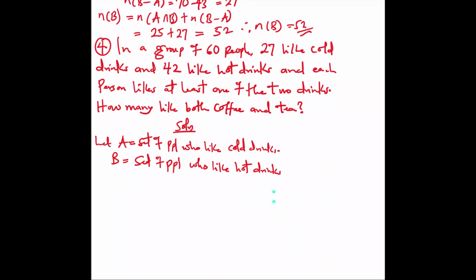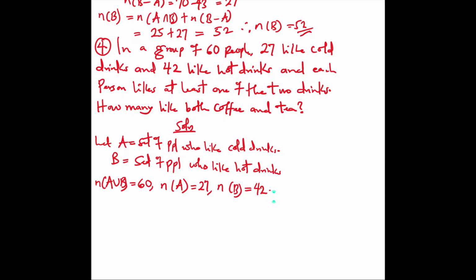So the total is 60, right? So we know that the number of A union B is equal to 60. 27 like cold drinks, so the number of A is 27, and the number of people who like hot drinks, the number of B, is equal to 42.